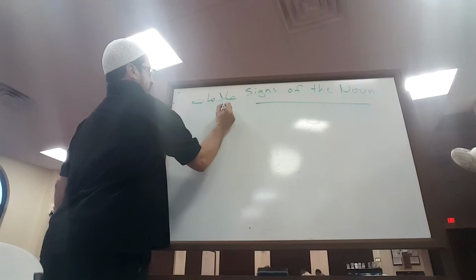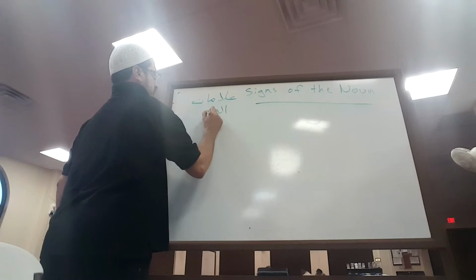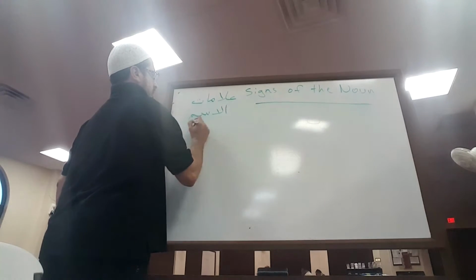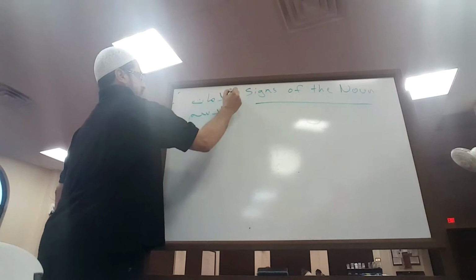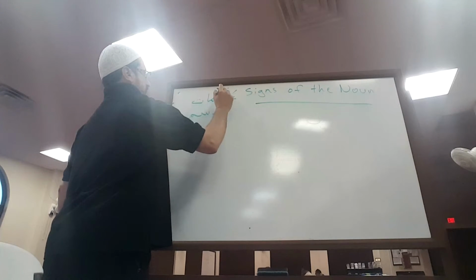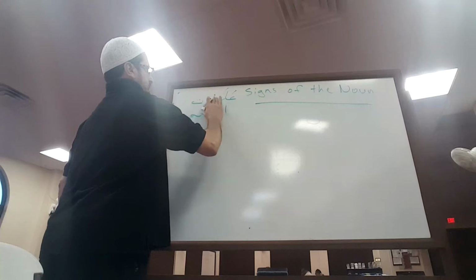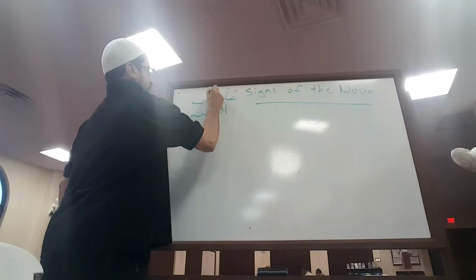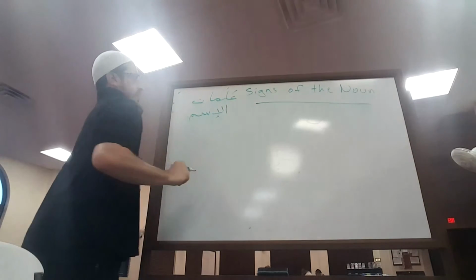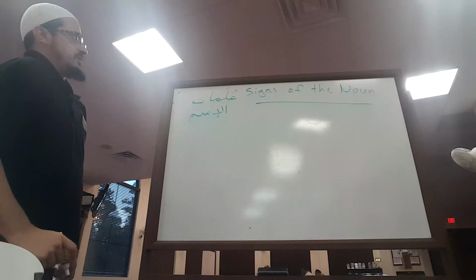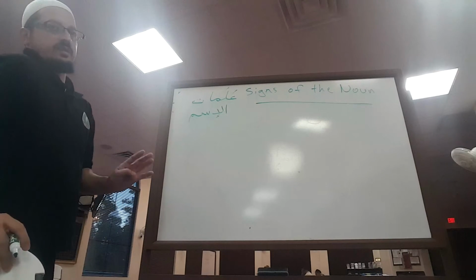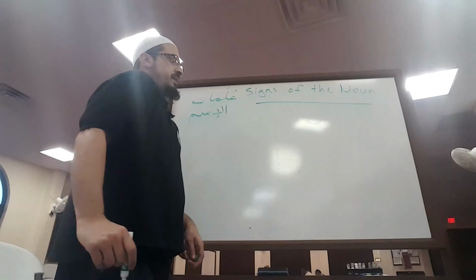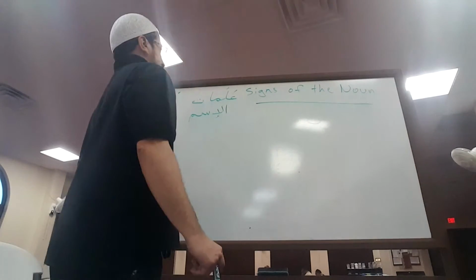First one, the last row. Al-ism. Alamat al-ism, like symbols of a noun. Right? No, it is correct.